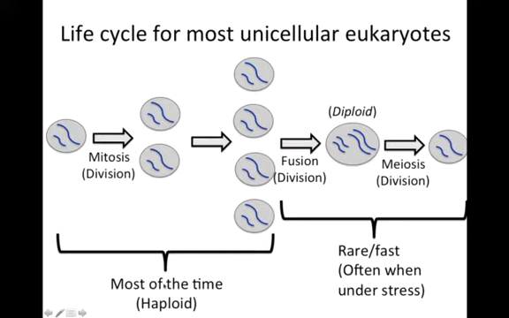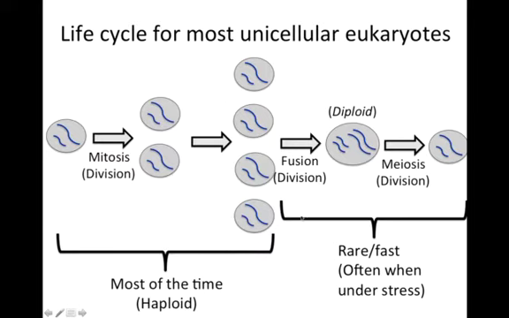But here it's quite the opposite. So for many unicellular eukaryotes, they spend most of their time over here, where one cell will undergo mitosis to give rise to 2, to 4, to 8, and so forth. And so this is where they spend most of their time.